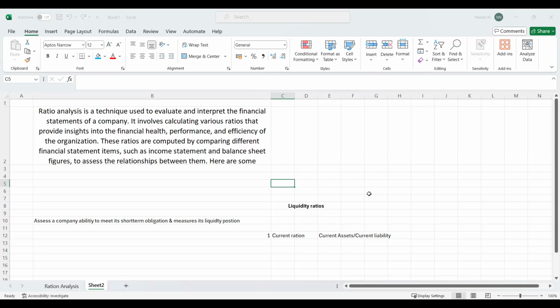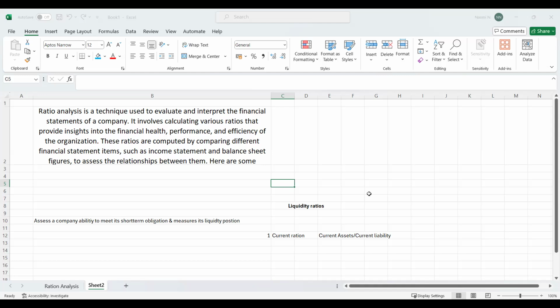Yes, so that is what ratio is, and it is computed by comparing different financial statements such as the income statement and balance sheet.